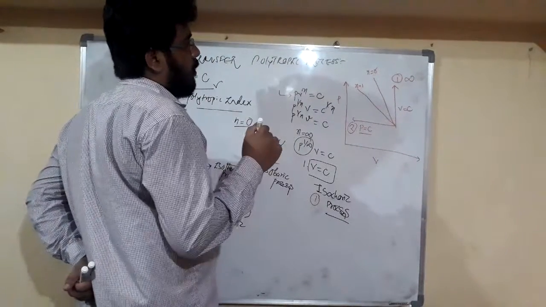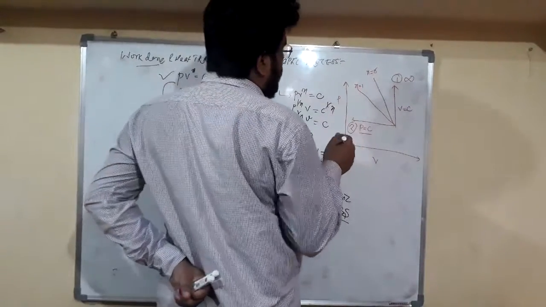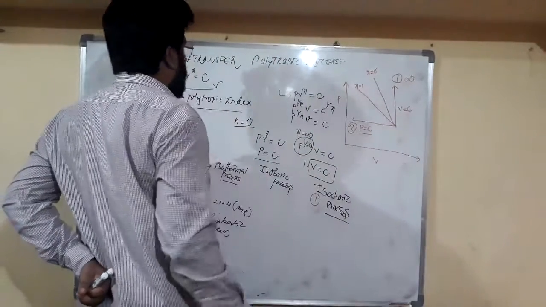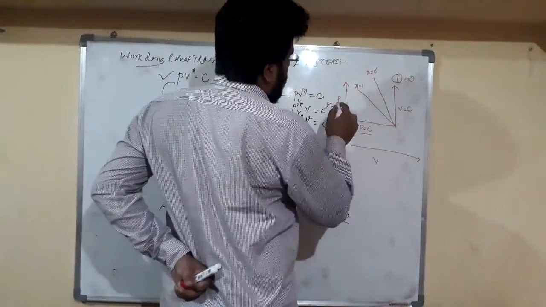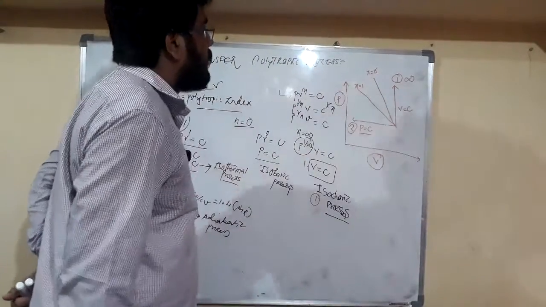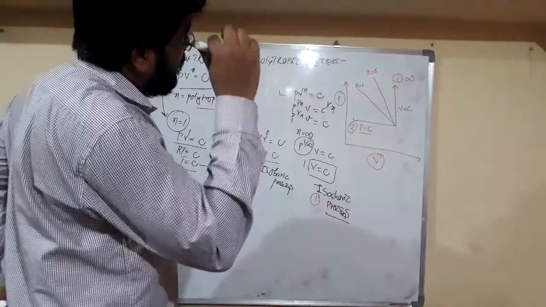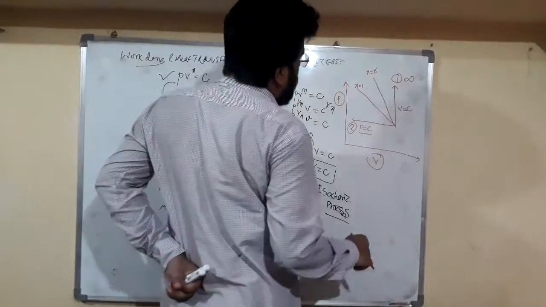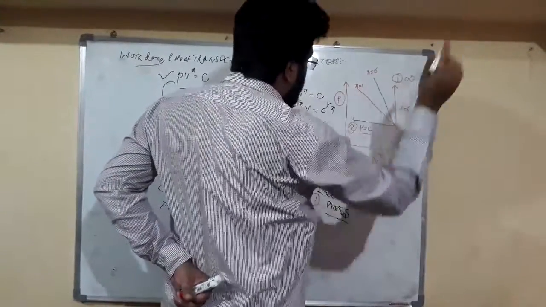So friends, this is all about our representation of various processes in our pressure and volume diagram. Now friends, our possible polytropics are in between.